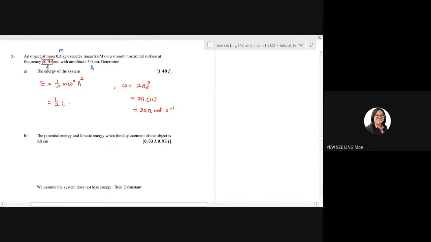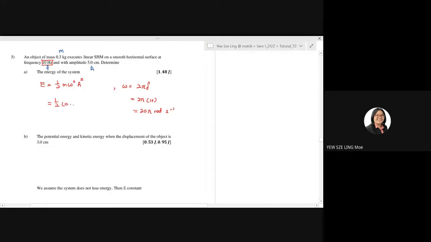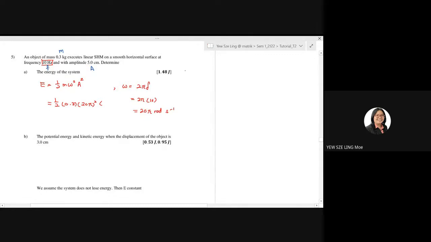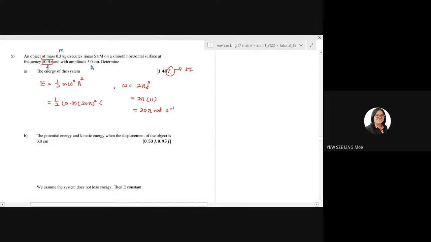1 over 2 times 0.3 times 20 pi squared. Now A should be in meter. Why? Because you want to calculate energy, you want the unit in joule, so you need SI units. So A must be in meter right now.